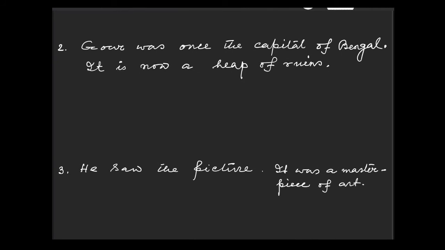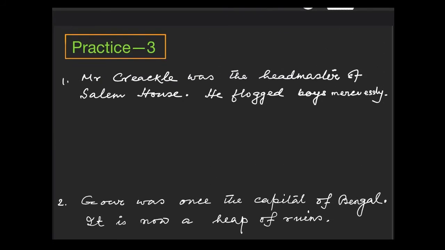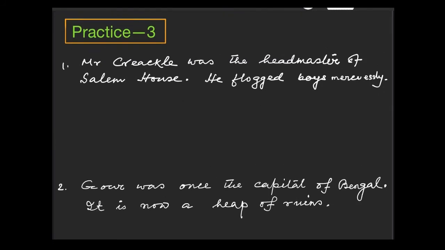Number 3. He saw the picture. It was a masterpiece of art. Copy these 3 sets of sentences in your notebook and do the work yourself. And when the work is done, come and check your answer with my answer. Okay.